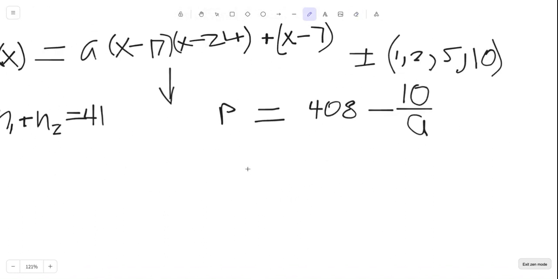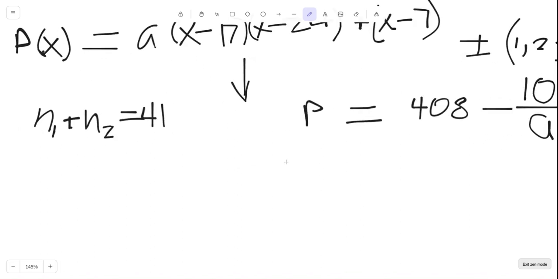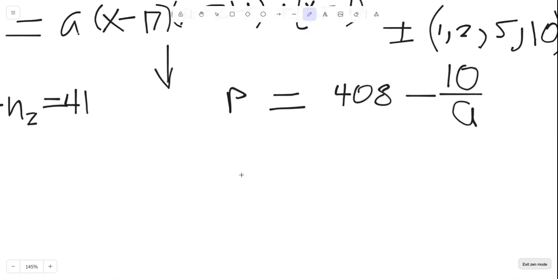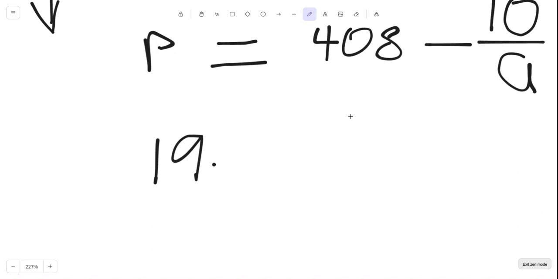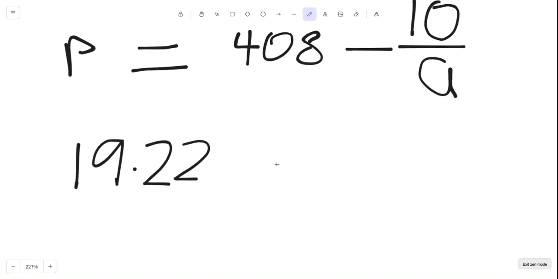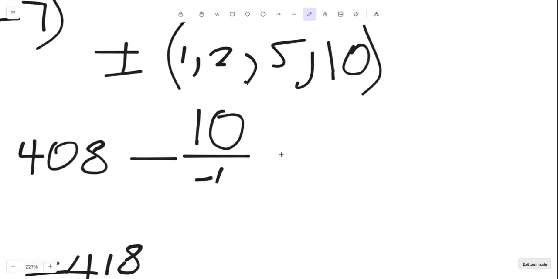Next we can use 19. We can decrease one and increase the other one to get the next highest product. This is equal to 418, which is indeed achievable by making a equal to -1.